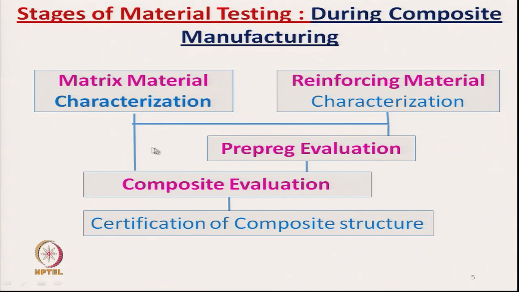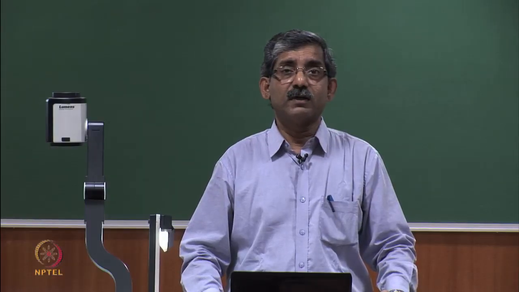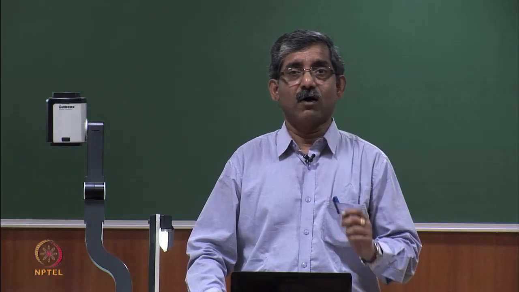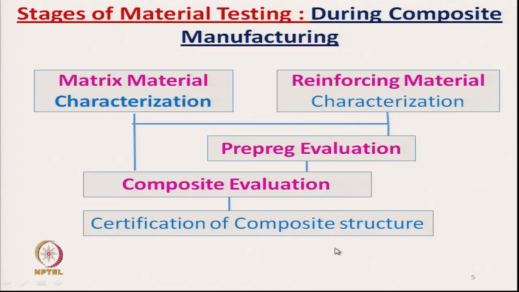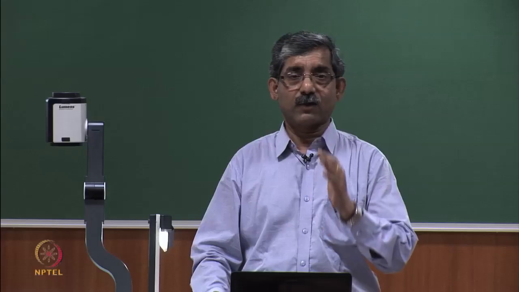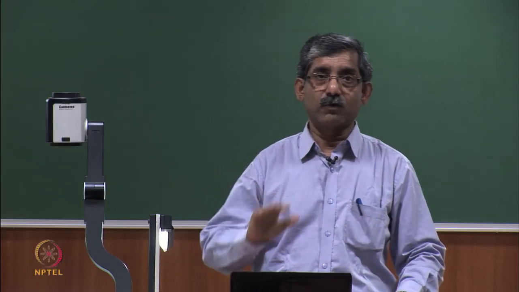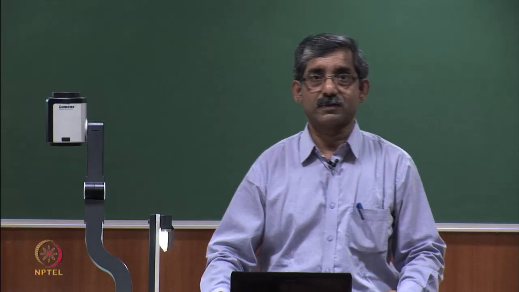After that we may do the prepreg evaluation, and then composite evaluation is important. After composite evaluation, certification of the composite structure is given. This certification is issued only after the actual composite evaluation is over, and only if the actual characteristics are more than the required characteristics.